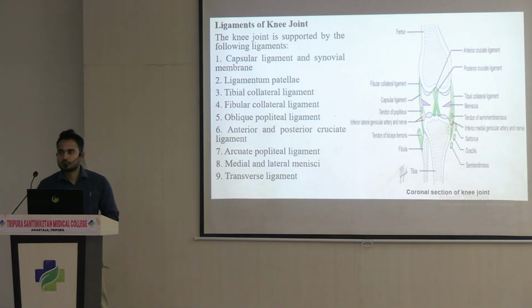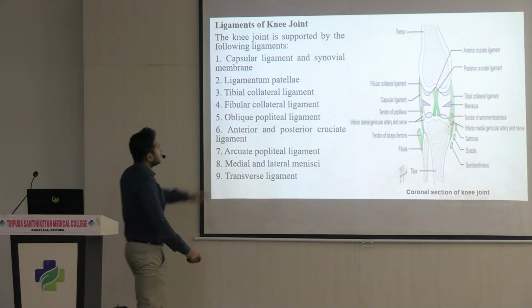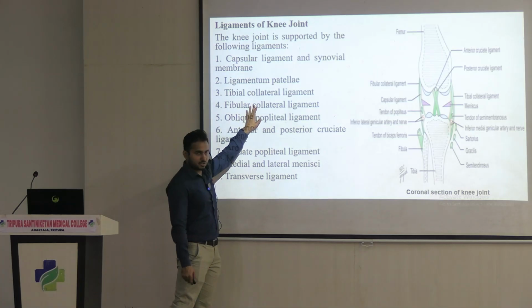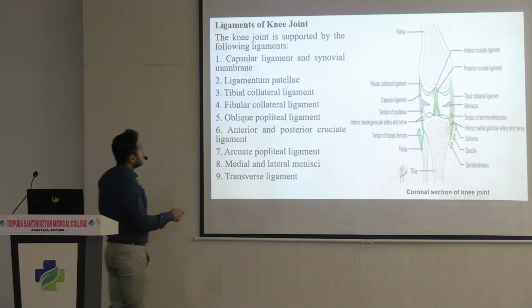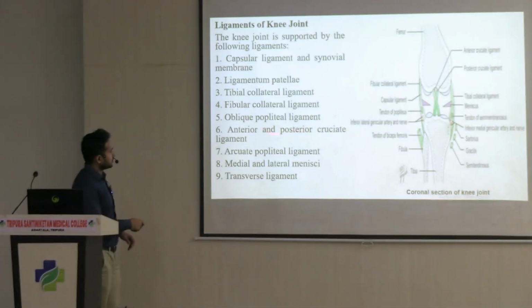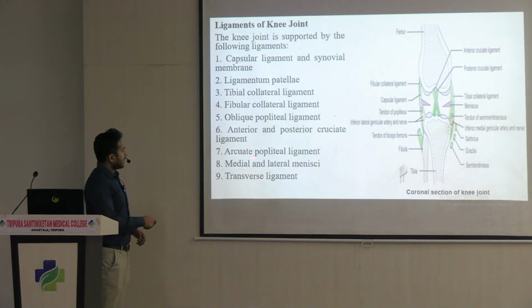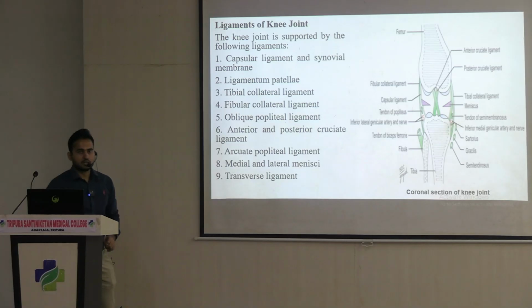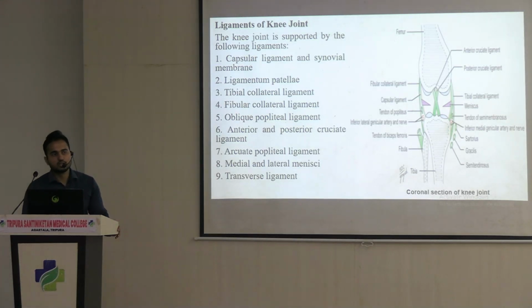Next, ligamentum patellae, tibial collateral ligament, fibular collateral ligament. In some books these are written together as collateral ligaments. Next, oblique popliteal ligament, anterior and posterior cruciate ligaments, arcuate popliteal ligament, medial and lateral menisci, and transverse ligament. So which ligament will we start with first? The capsular ligament, followed by the synovial membrane.